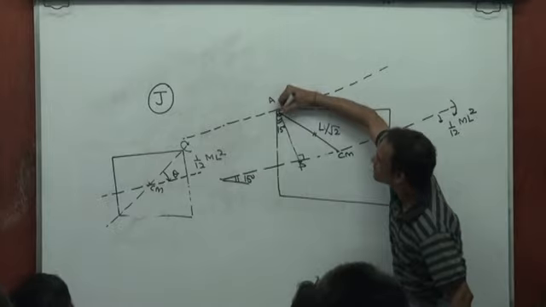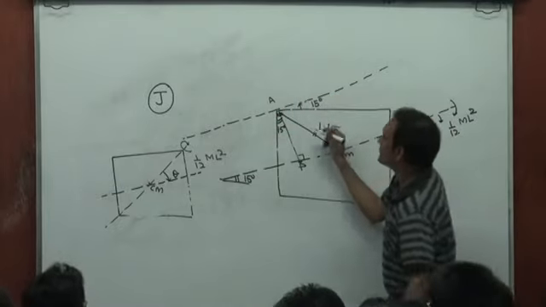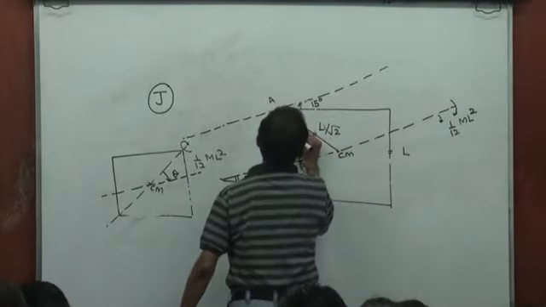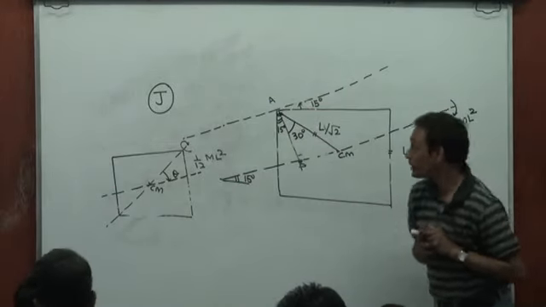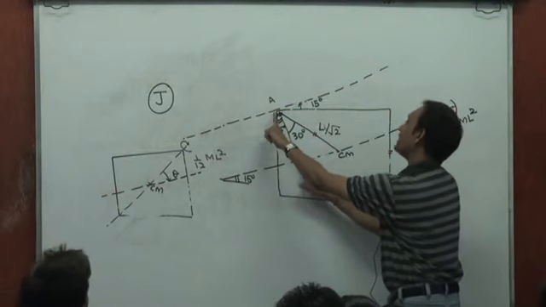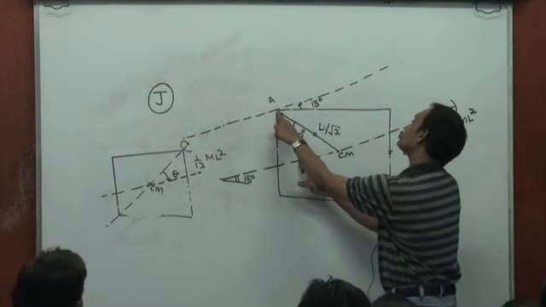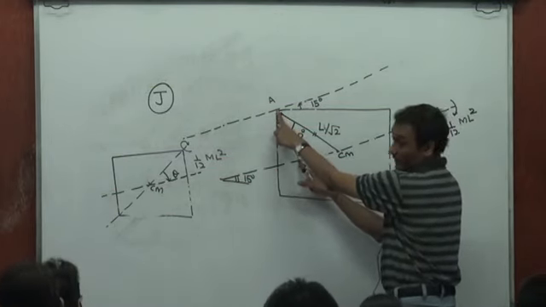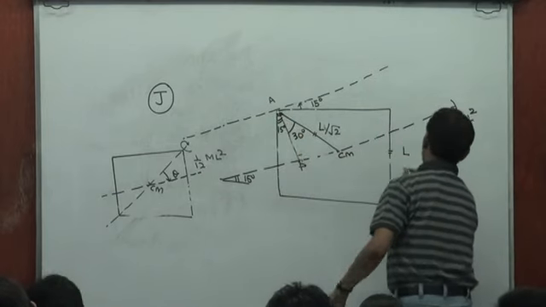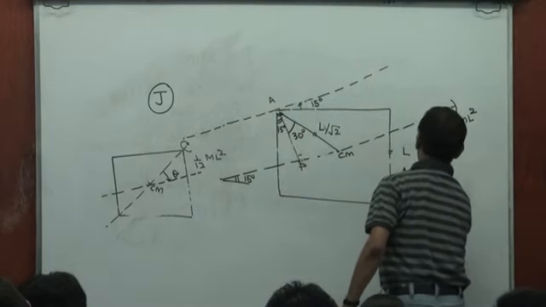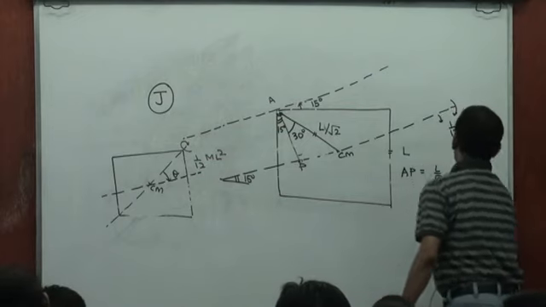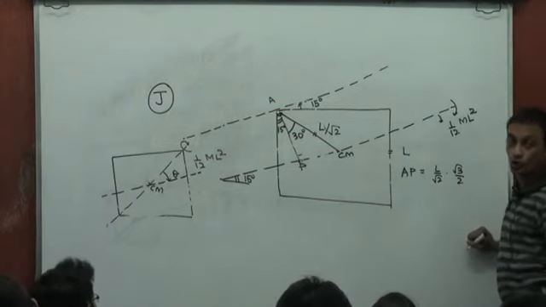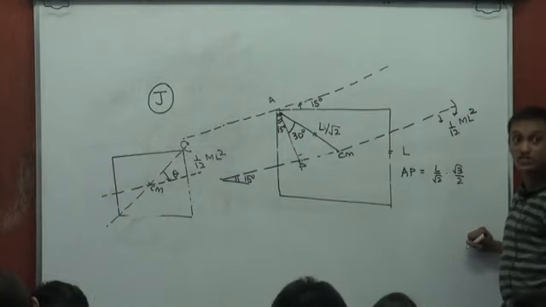This angle is 45 degrees, which means this must be 30 degrees, yes or no? And if this is 30 degrees, then AP is L by root 2 cos 30 degrees. That's AP, yes or no?